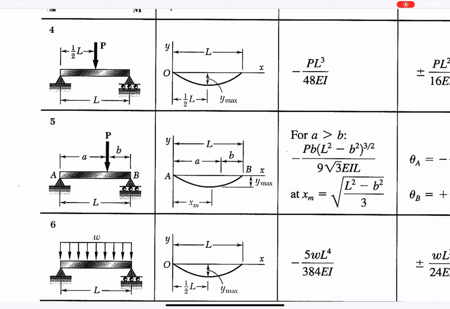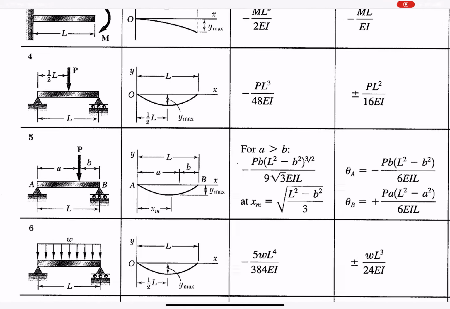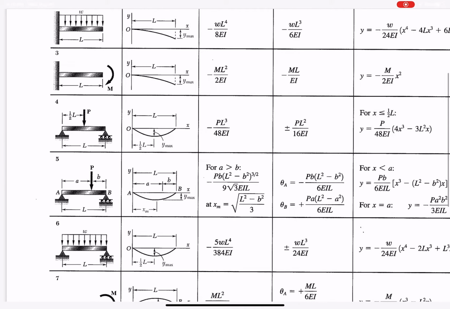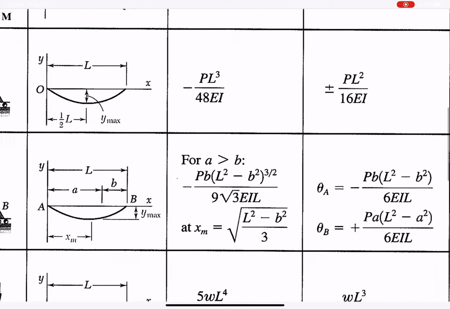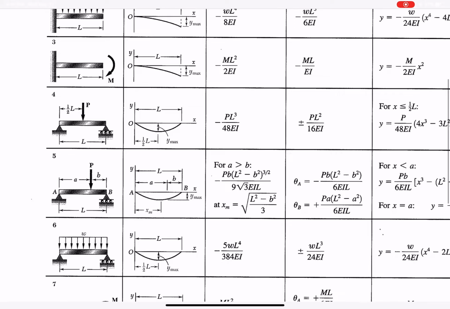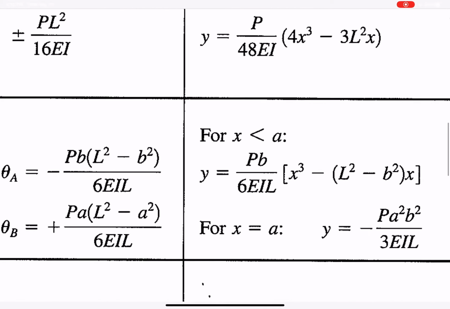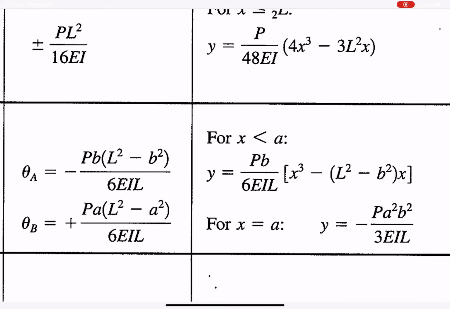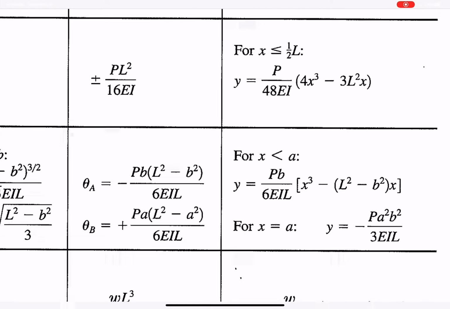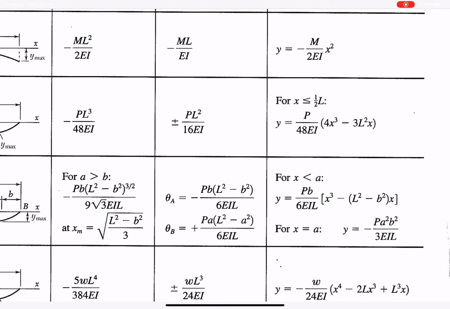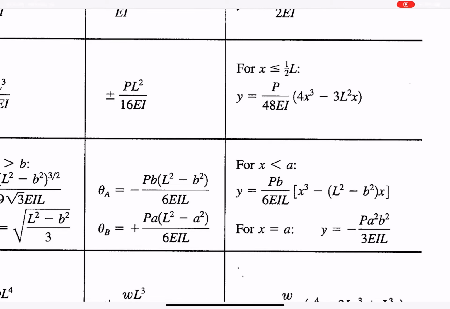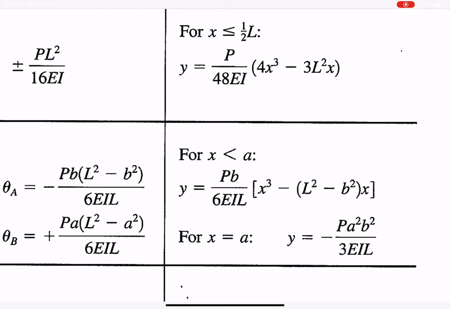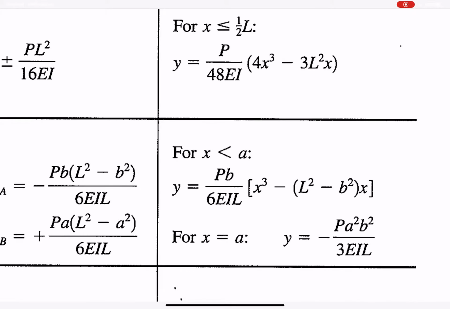But in figure 5, as you can see, they have A and B, and they have those equations, with A greater than B. Then we have the maximum deflection, and the equation for X less than A. So they have many conditions here, and if X equals A, we have the elastic curve deflection at exactly the point X at A. Then we have Y equal to negative P A squared B squared over 3 EIL.